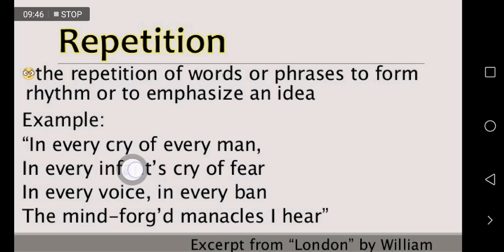Example: in every cry of every man, in every infant's cry of fear, in every voice, in every ban, the mind-forged manacles I hear. तो लंदन, विलियम ब्लेक ने लिखा है, वहाँ से लिया है मैंने ये एग्जाम्पल आपके लिए। तो यहाँ पे जो रेपिटेशन उसको कहते हैं जो वर्ड रिपीट होता हो एक लाइन में, एक वर्स में, एक स्टेंजा में, उसको हम रेपिटेशन कहते हैं। यहाँ पे वर्ड "in every" लगातार रिपीट होता जा रहा है, इसको हम रेपिटेशन। But don't confuse it with refrain, that is something other.